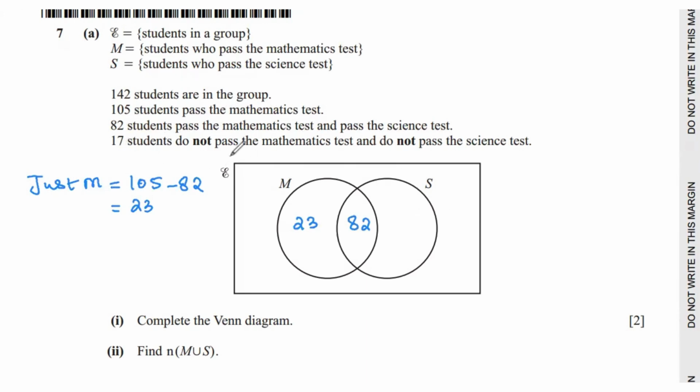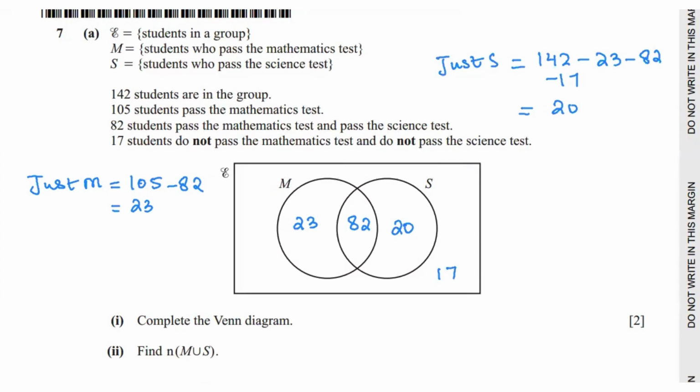Then it says 17 students do not pass maths or science. So these are outside. So to find for just science, we will subtract these from the total, which is 142. So 142 minus 23 minus 82 minus 17, and that gives us 20 students. So only 20 students just passed the science test.